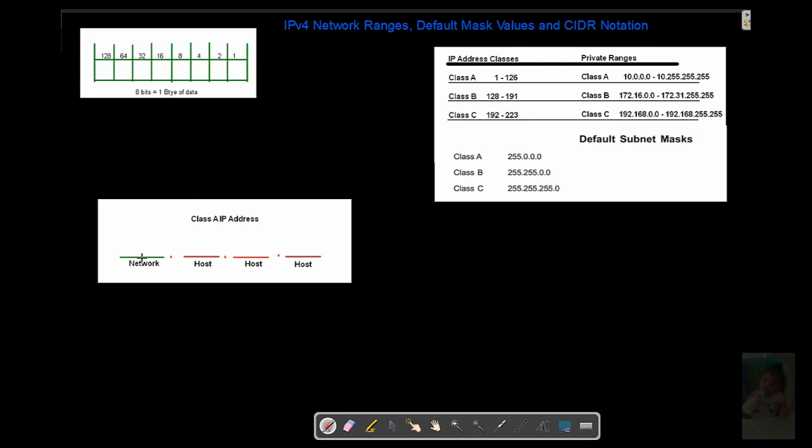Class A addresses are network, host, host, host. Or in other words, they have mask values of 255, 0, 0, 0 by default, which we understand to be 1, 2, 3, 4, 5, 6, 7, 8 bits on, 1, 2, 3, 4, 5, 6, 7, 8 bits off.